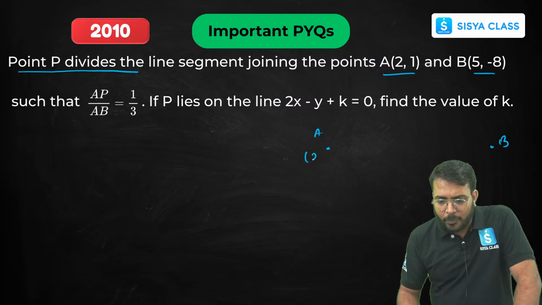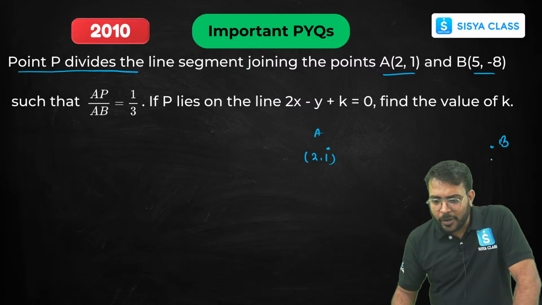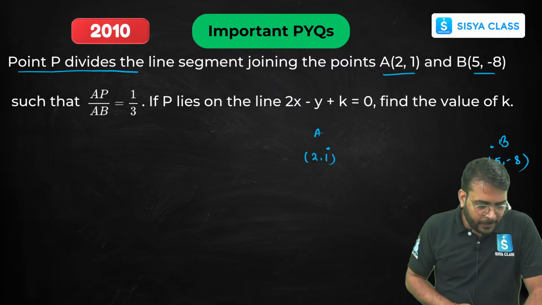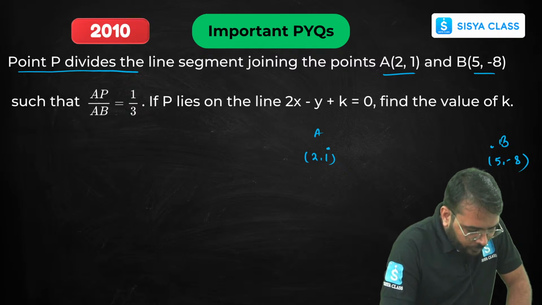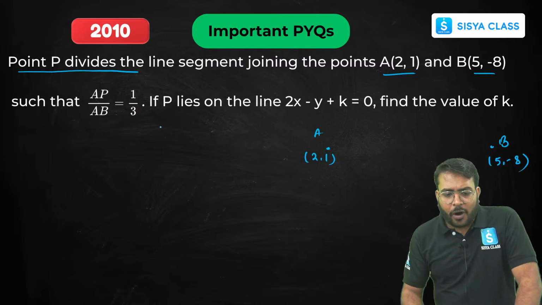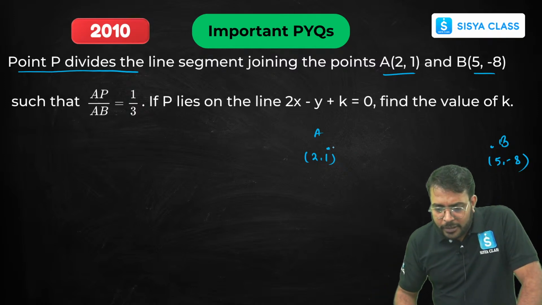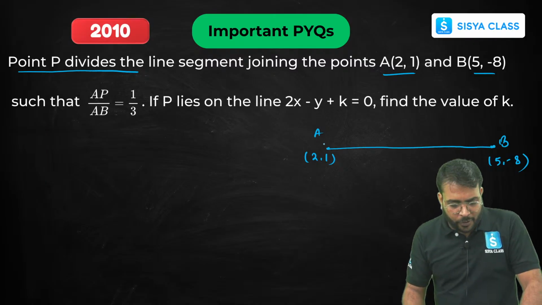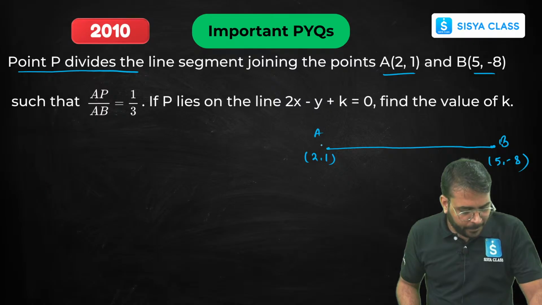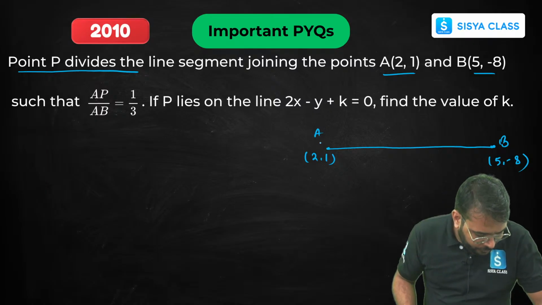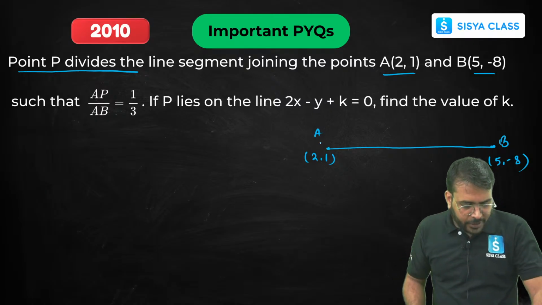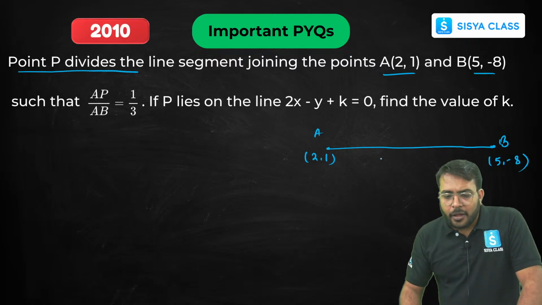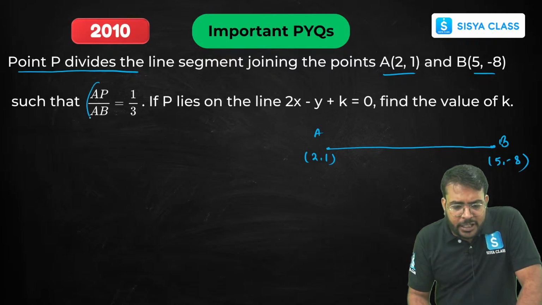The coordinates of this point are 2, 1 and this point is 5, -8, all right, okay fine. Now what they are saying is that this point P is dividing this line segment in what ratio?